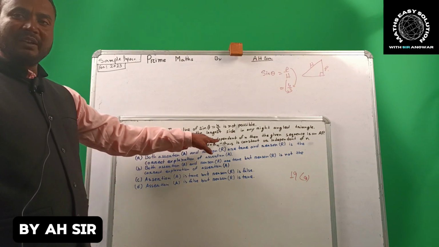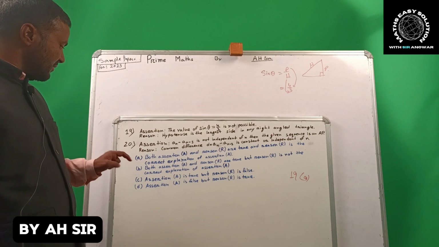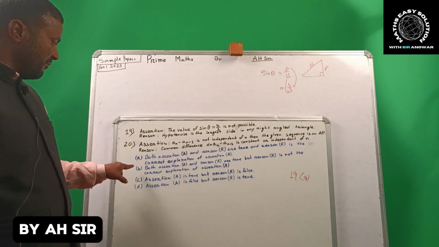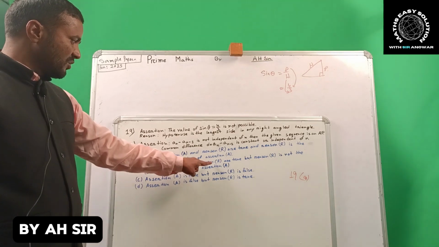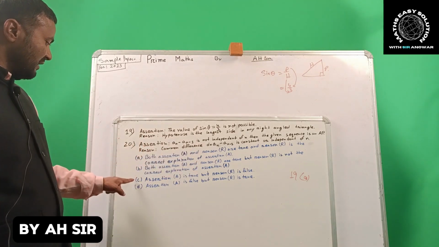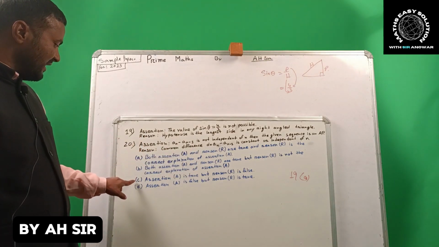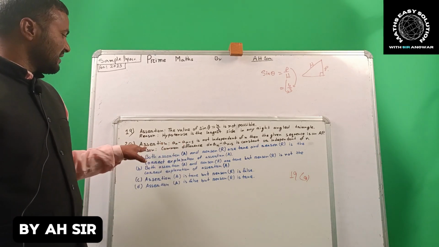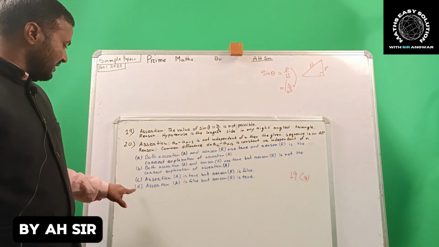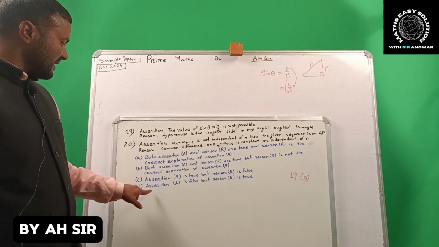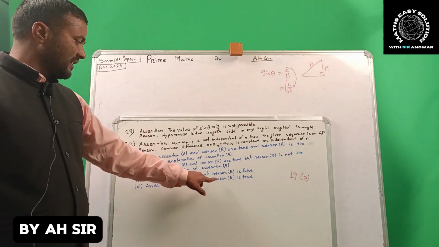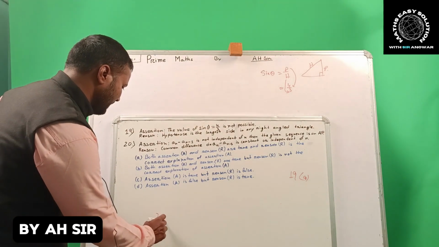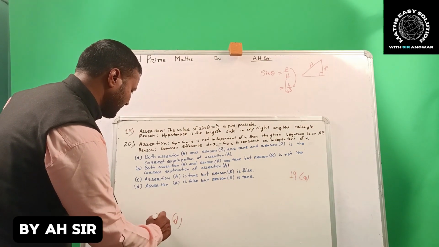So here A is false. This one is true, so option A is not correct. B, you see, this also has both true, so this is also not correct. It will come either C or D. In C they have given A is true, but since this is not correct, so it is number D, you see, assertion A is false but reason R is true. So for number 20, option D is the correct one.